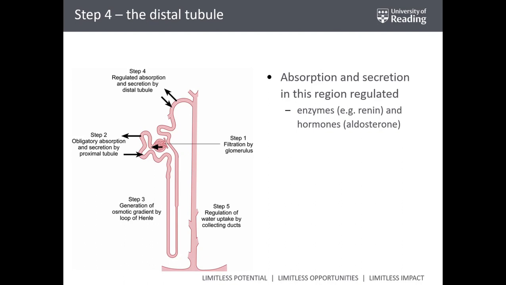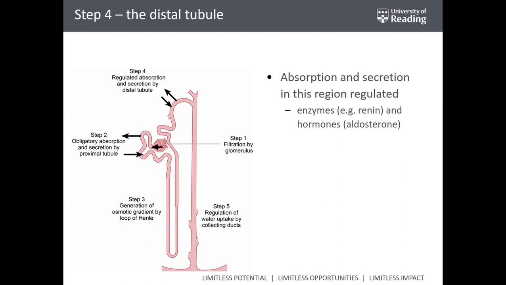We will look in more detail at the role of the descending limb and ascending limb in generating an osmotic gradient with countercurrents for the regulation of water. But we will see these in the later part. This is just to give you an overview, but we will go into more detail.